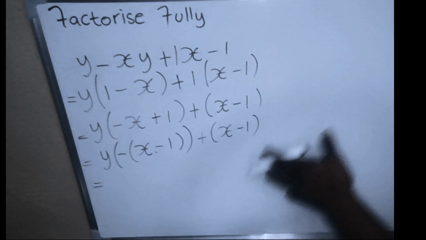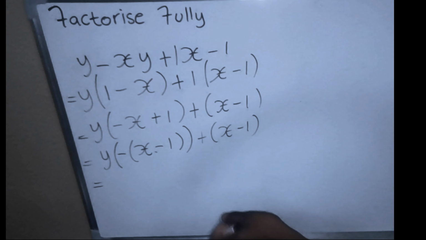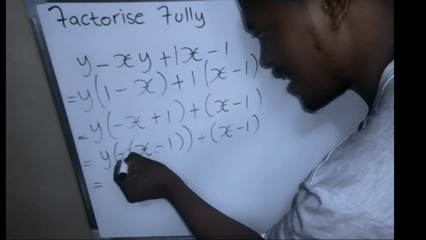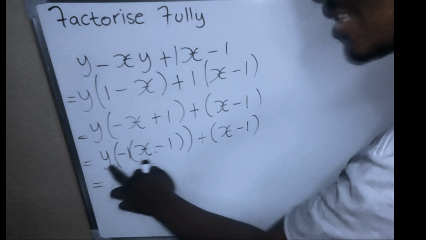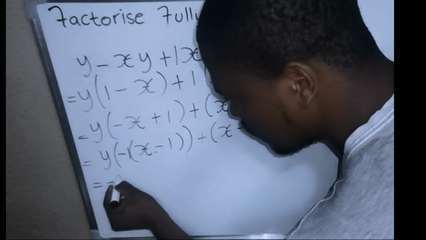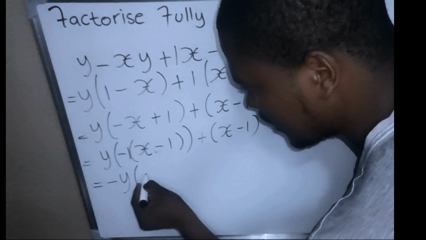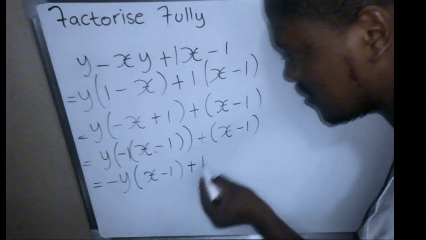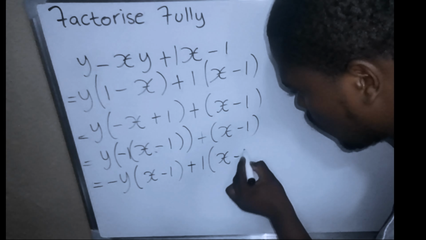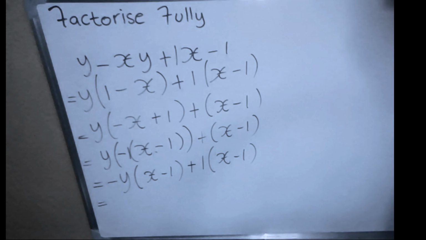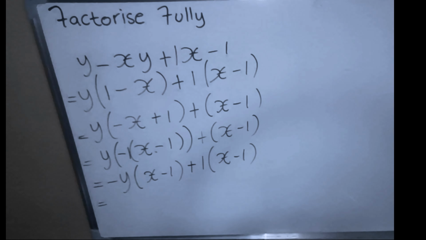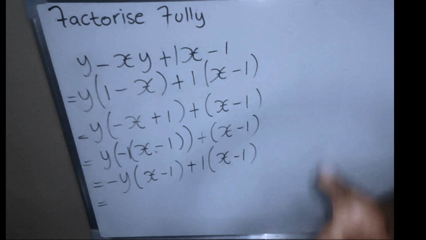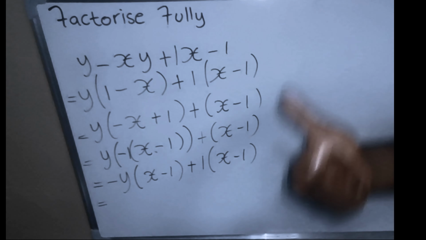Then I need to remove these many brackets that I see here. This negative, I'm going to say negative 1 invisible, this negative 1 times y, negative y, open a bracket, x minus 1, close bracket, plus 1 invisible, x minus 1. Now, are my brackets the same? If my brackets are common, I bring down one bracket.